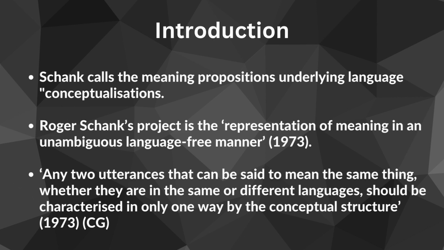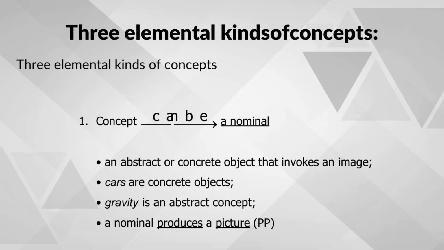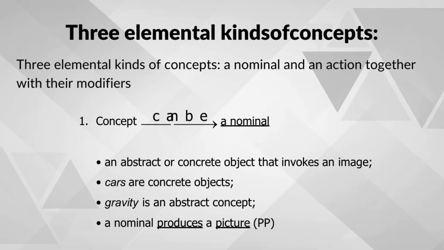In Schank's framework, three fundamental types of concepts are identified: nominals, actions and their respective modifiers. A nominal represents an abstract or concrete object that evokes a mental image. For instance, cars represent tangible objects, while gravity embodies an abstract notion.